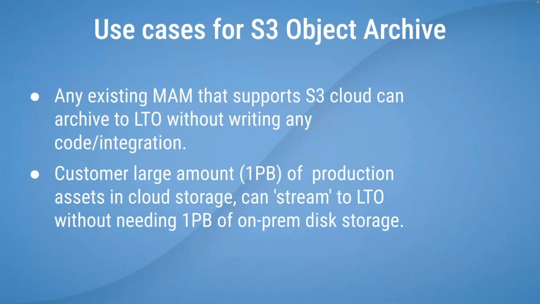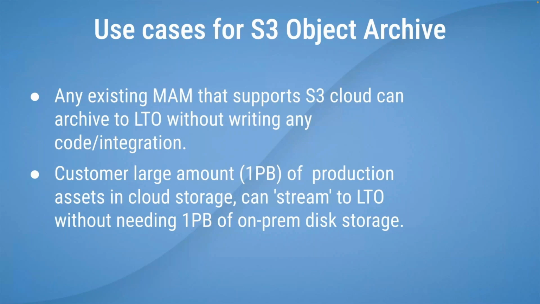With the S3 object archive, you don't need that intermediate storage. We are effectively streaming through the S3 protocol directly to LTO. We have intermediate disk storage, but we handle when we start flushing that to tape. So you don't need a whole petabyte of disk storage available to stream the data to tape.